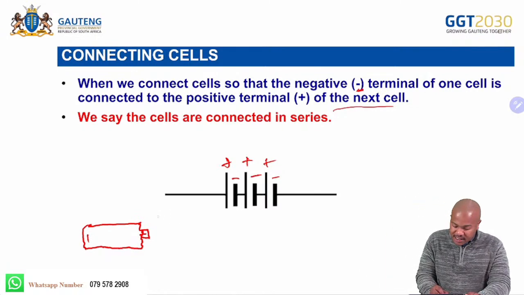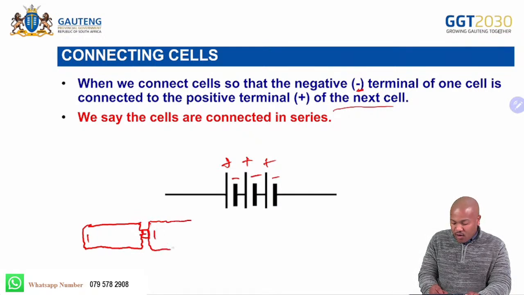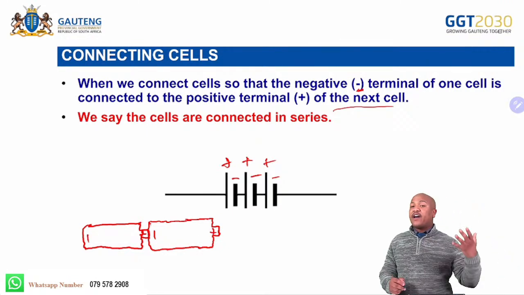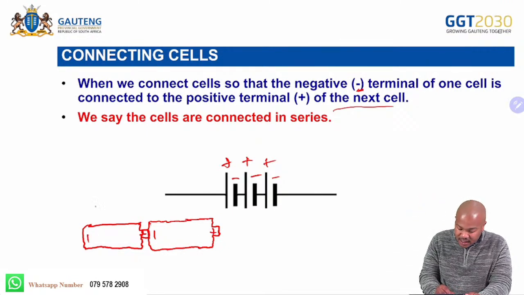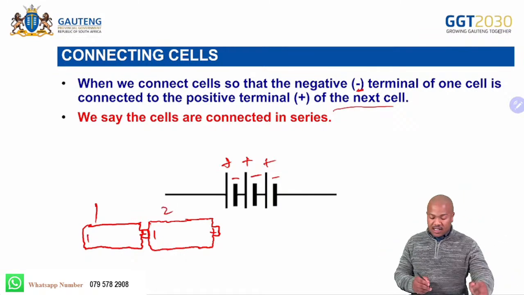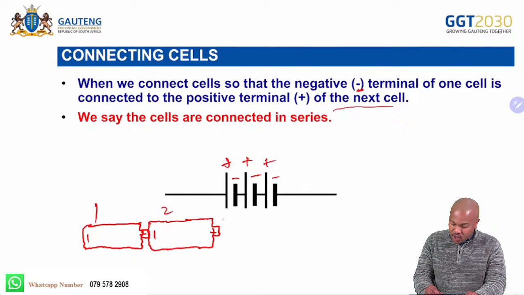The following one will be here, where the negative side of this cell is connected to the positive terminal of the first cell. So this is cell number 1 and this is cell number 2, and in this case we have 3 cells connected in series. The other one will be connected to this one like this.